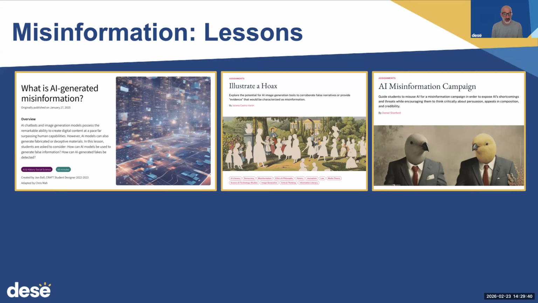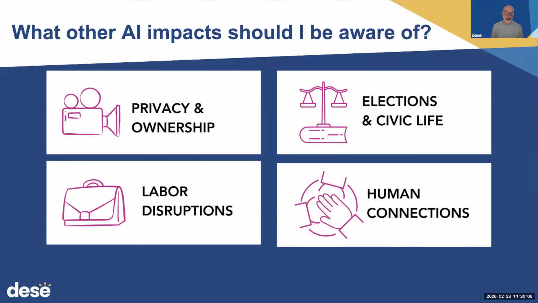That's using the tools to actually engage with creating misinformation content, which helps students understand how easy it is to generate this type of output. And we have this lesson plan around generating an AI misinformation campaign. Again, these will be linked below, and may be worth exploring if you're working with students and you have access to the tools and you'd like to transform not just understanding the ideas, but engaging with this misinformation concept.